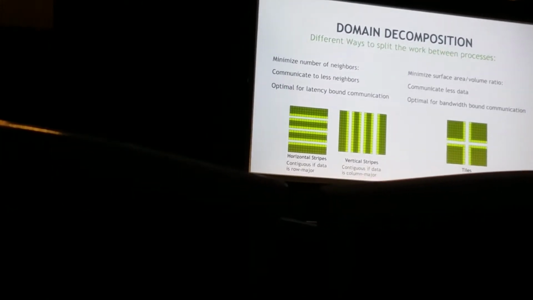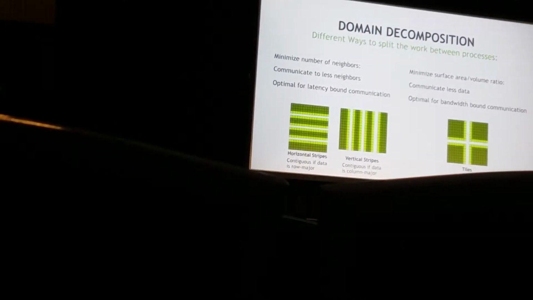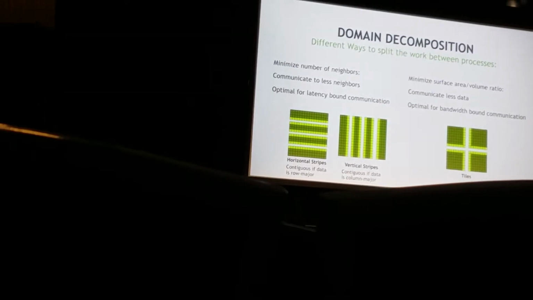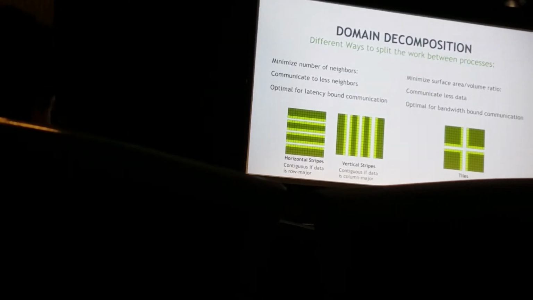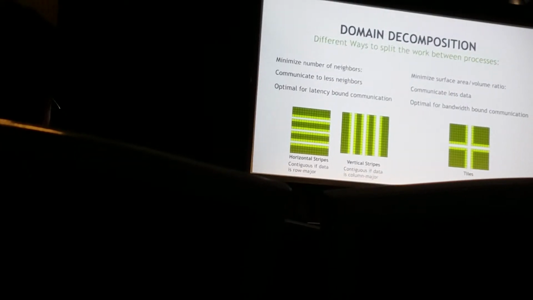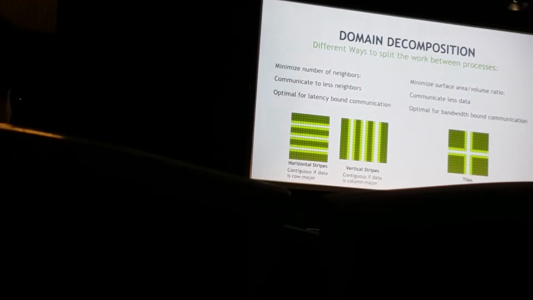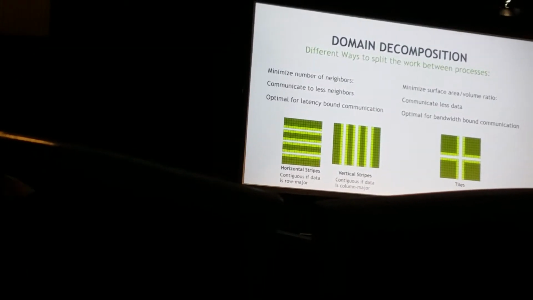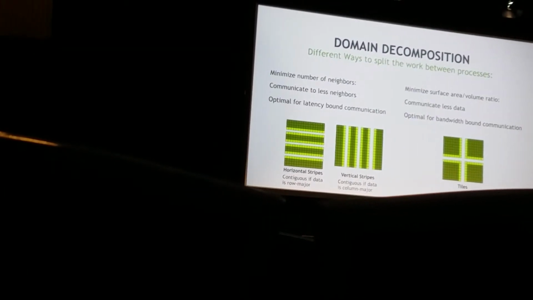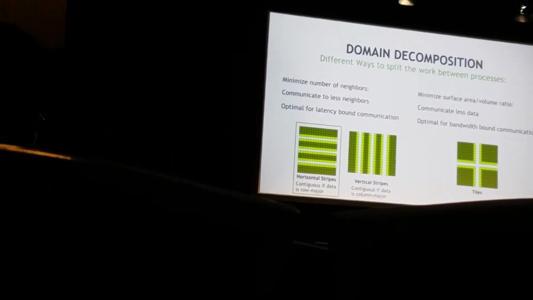If we are in a bandwidth-bound regime, it's better to minimize the amount of data we are communicating, and that can be achieved by minimizing the surface area to volume ratio, which is done with tiles. Here I want to keep the code simple and explain the different programming models, so I selected horizontal stripes as the domain decomposition, and that is applied like this to our code.